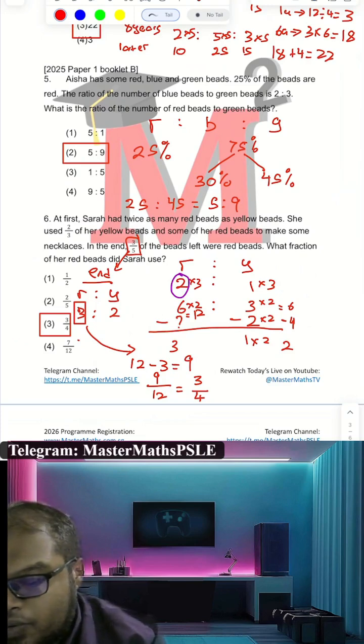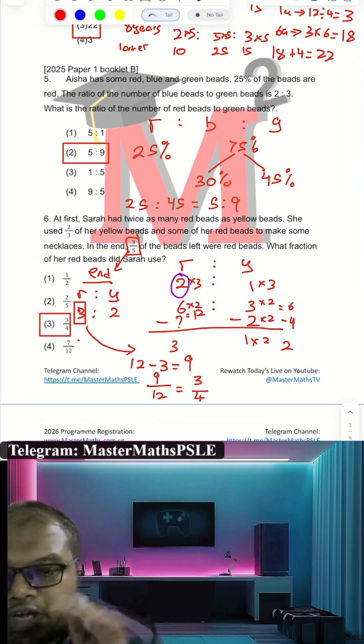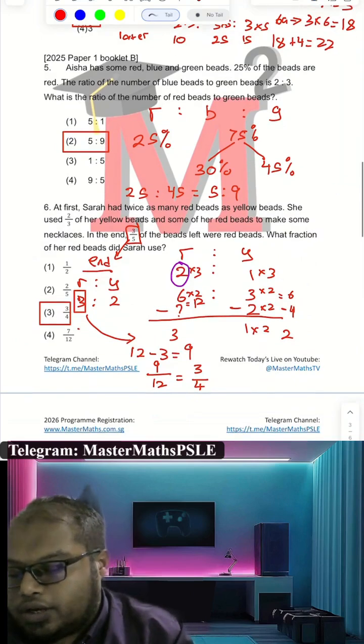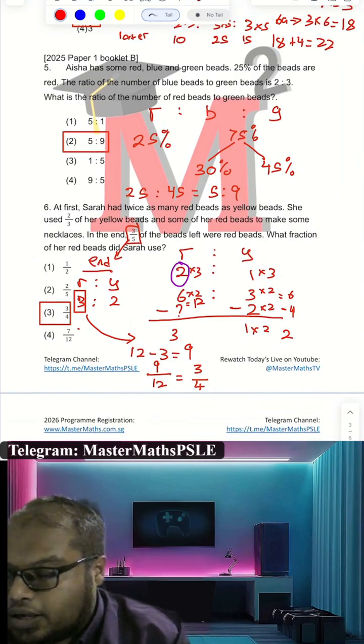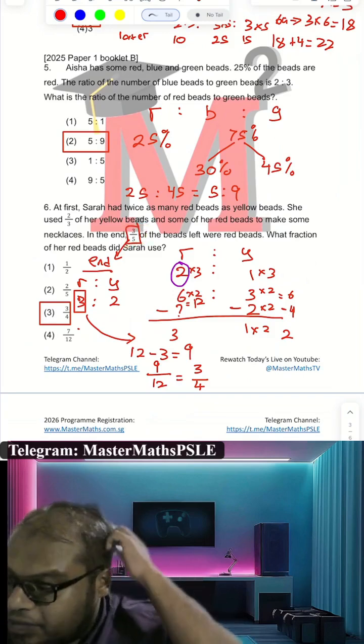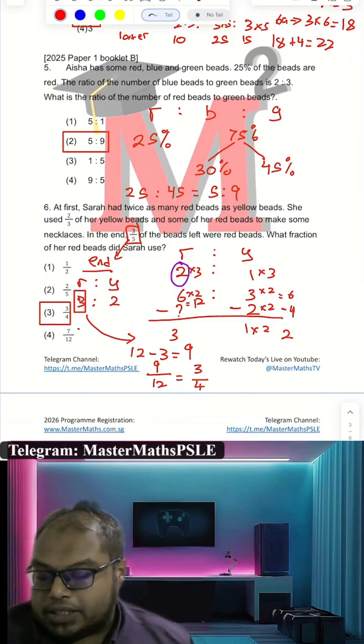Okay, now, so we got 3 and 1, right? Wait, the 3 is not explained yet. The thing here, when they say that in the end, 3 over 5 of the beads were left, that means 3 out of 5 of the beads left were red beads.